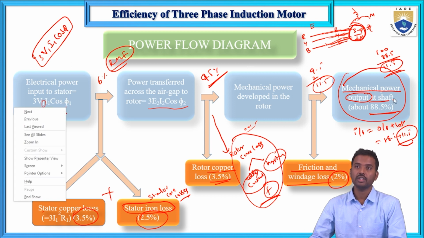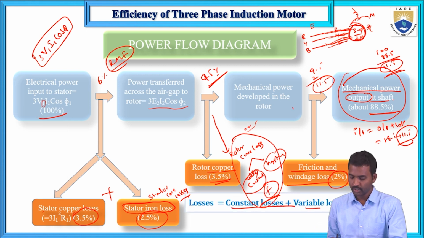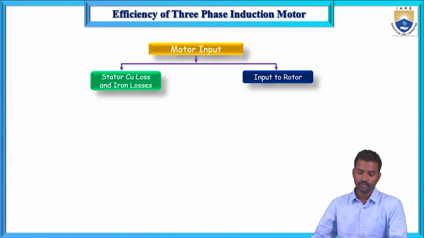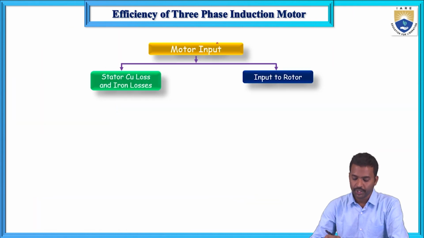Now these losses are divided into two parts: iron losses, which are constant losses, and copper losses, which are variable losses. If you give motor input to the stator winding, you will get stator copper losses and stator iron losses, and then input to the rotor.